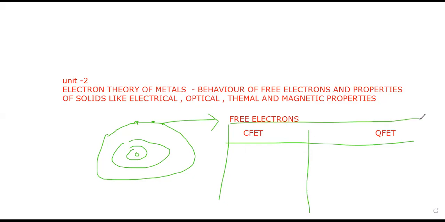Suppose we take the comparisons and differences between classical free electron theory and quantum free electron theory. Students, here the electron is compared with a gas molecule. The classical free electron theory was introduced in the year 1900, and the quantum free electron theory in the year 1928. The classical free electron theory was introduced by the scientists Lorentz and Drude.